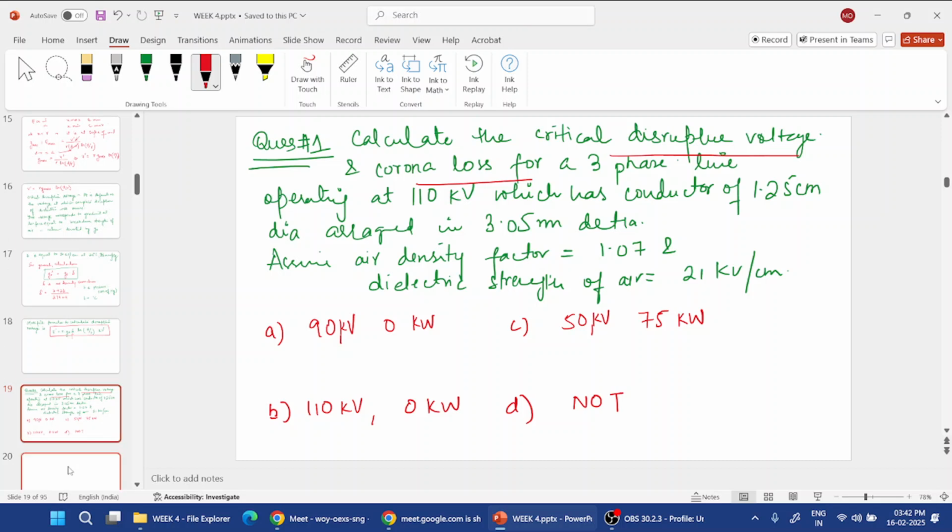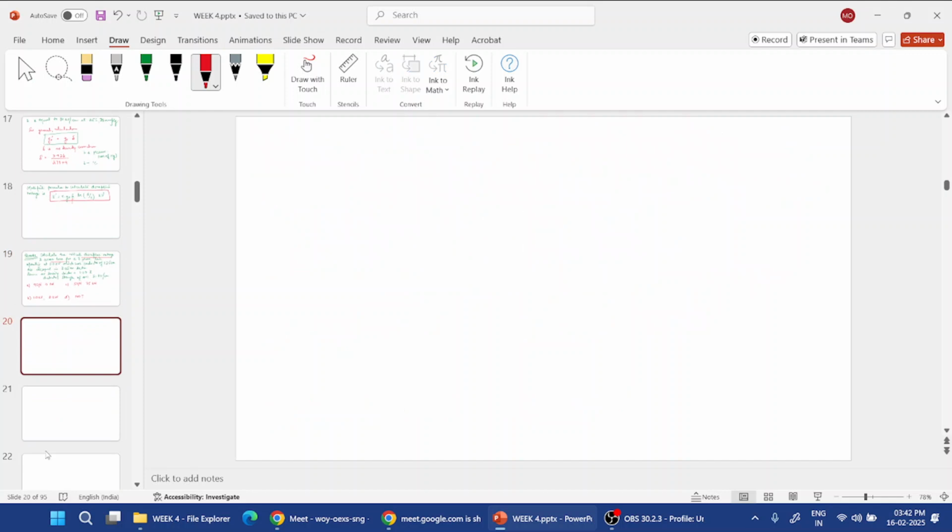Okay. So we know the formula to calculate the critical disruptive voltage.